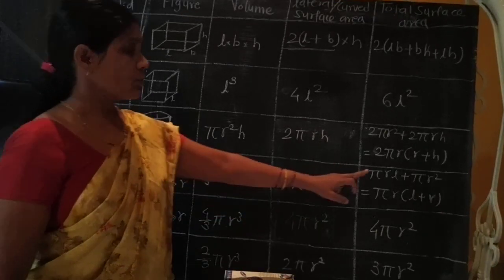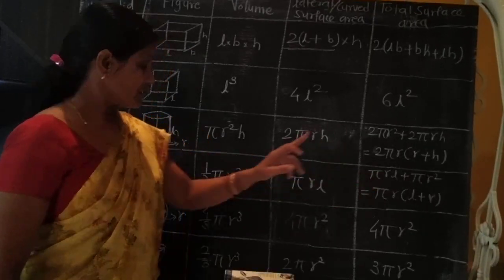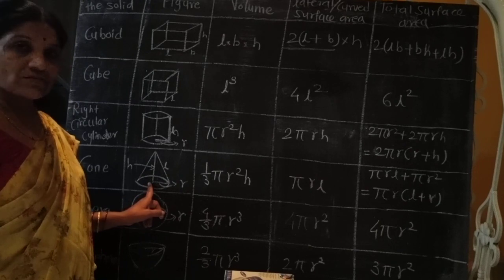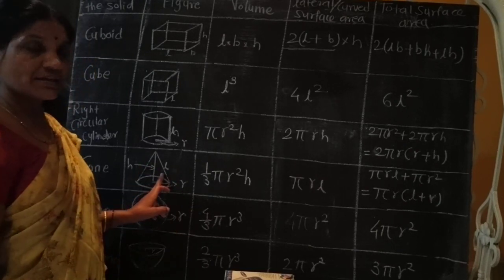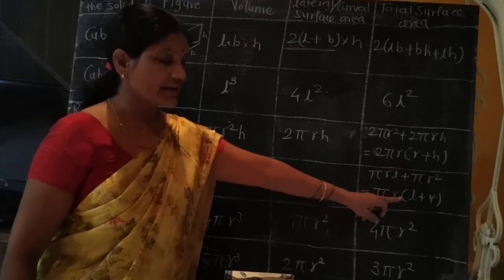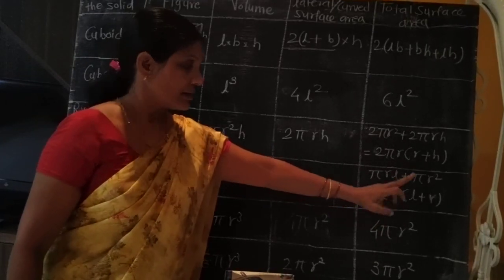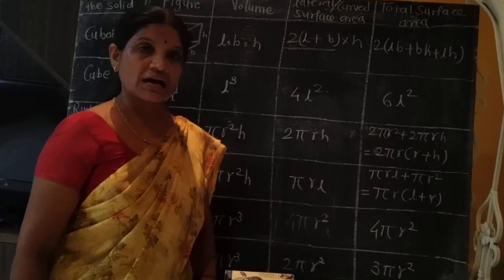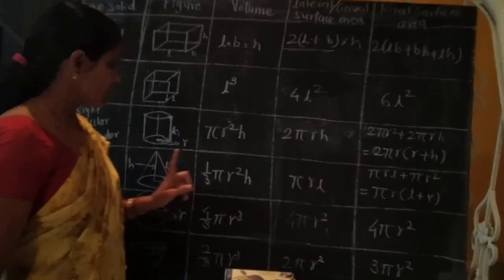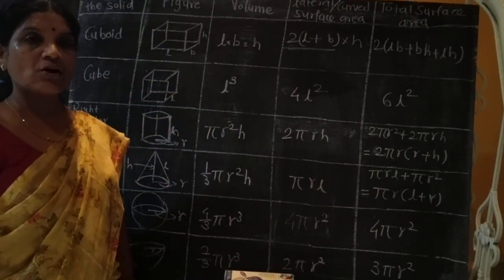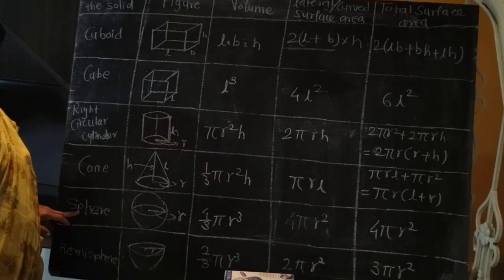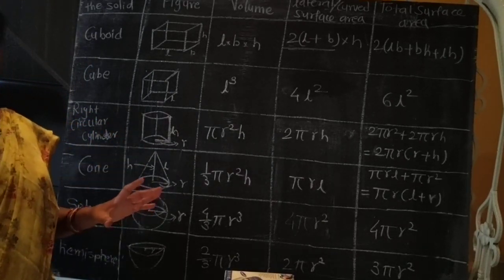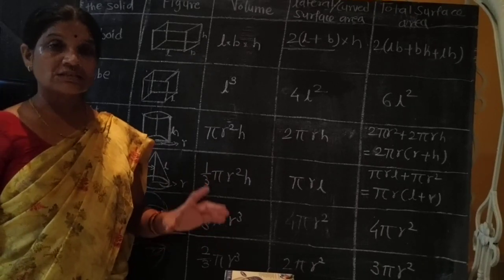When we find out total surface area, the base area is pi r square and curved surface area is pi r L, out of that pi r is taken as common in bracket L plus r, and that is the formula for total surface area of cone. The next one, sphere. All of you are familiar with the figure of sphere, that is a ball.